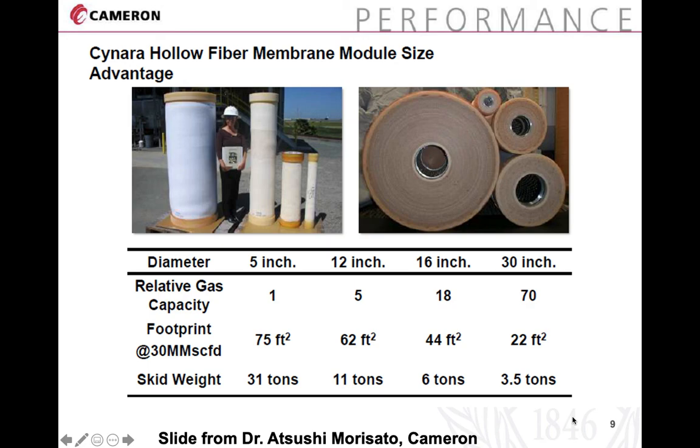In addition, the footprint has been reduced by more than one third, and the weight is more than 10 times lower compared to what it was 20 or 30 years ago. So again, this is just an example of how this technology has progressed in the last 2-3 decades, and it's really impressive if you think about it.